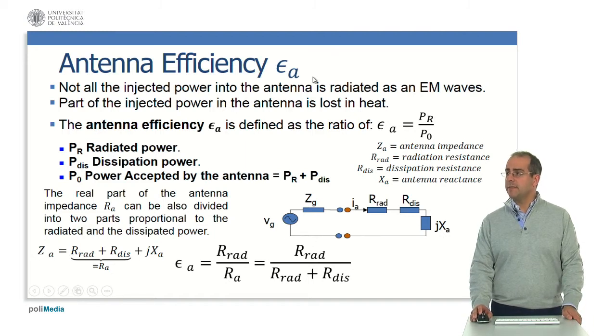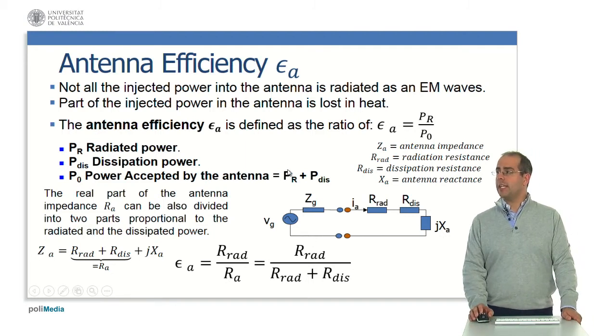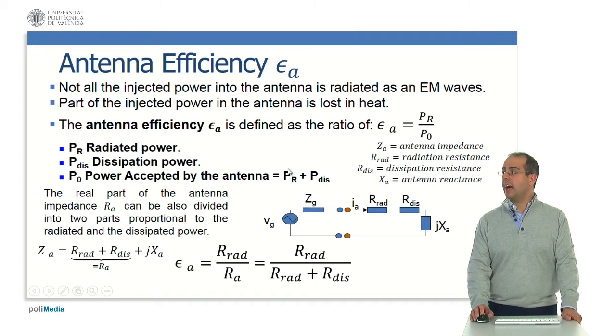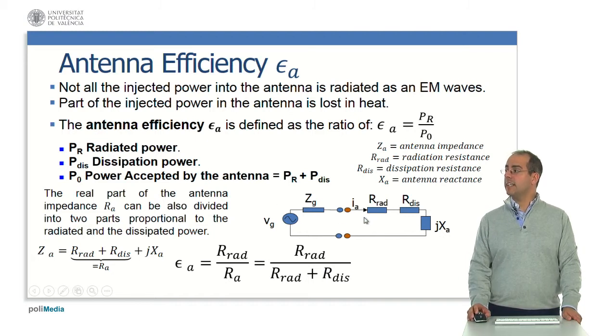Antenna efficiency. Not all the injected power into the antenna is radiated as electromagnetic waves. Part of the injected power in the antenna is lost in heat. The antenna efficiency is defined as the ratio of the radiated power divided by the power accepted by the antenna. So the real part of the antenna impedance can also be divided into two parts proportional to the radiated and dissipated power.